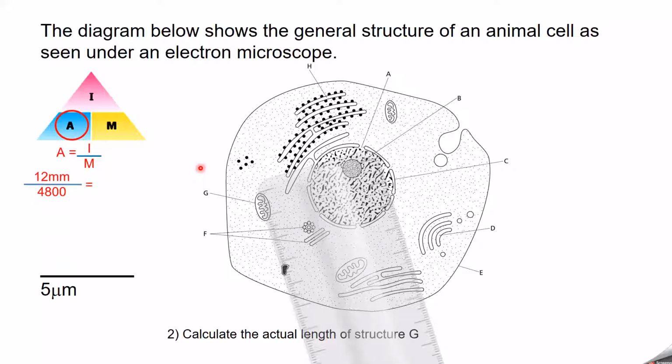The size is 1.2 centimeters, multiply that by 10 to get 12 millimeters. Divide that by the magnification using this scale bar here, which should give you 2.5 micrometers. And don't forget to convert 12 millimeters to micrometers.